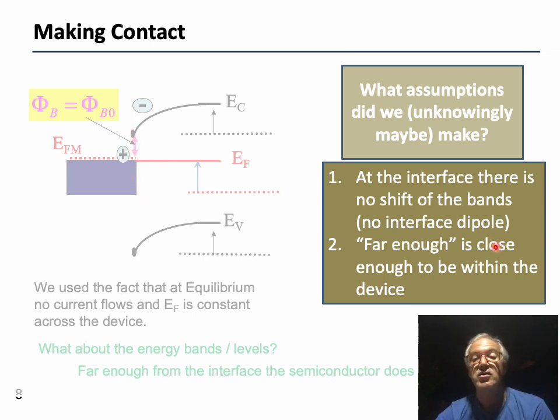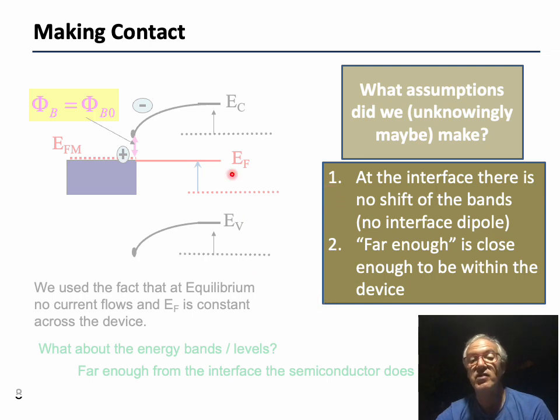And also we assume that far enough, where there is really no effect of the interface, this far enough is still within the device, so that we can really use it as the second boundary condition.